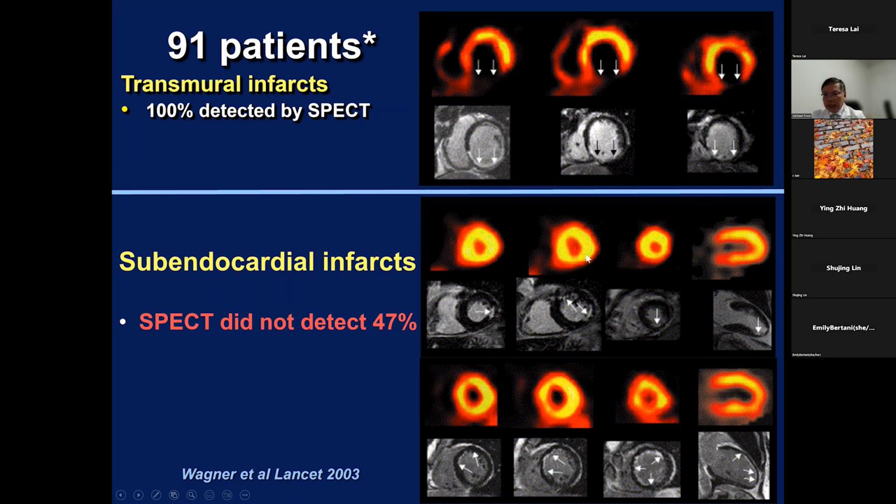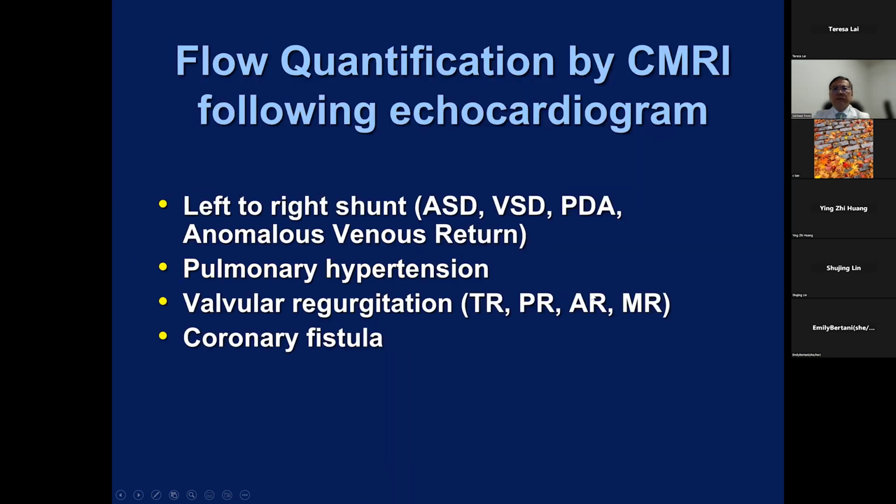In the second row, the nuclear actually looks normal. In fact, there is scarring in the wall. So when the spatial resolution is not that good, you're not going to be able to see the detail, which MRI is going to be able to show you. You see the apical scar also was missed on the nuclear, but picked up on the MRI.